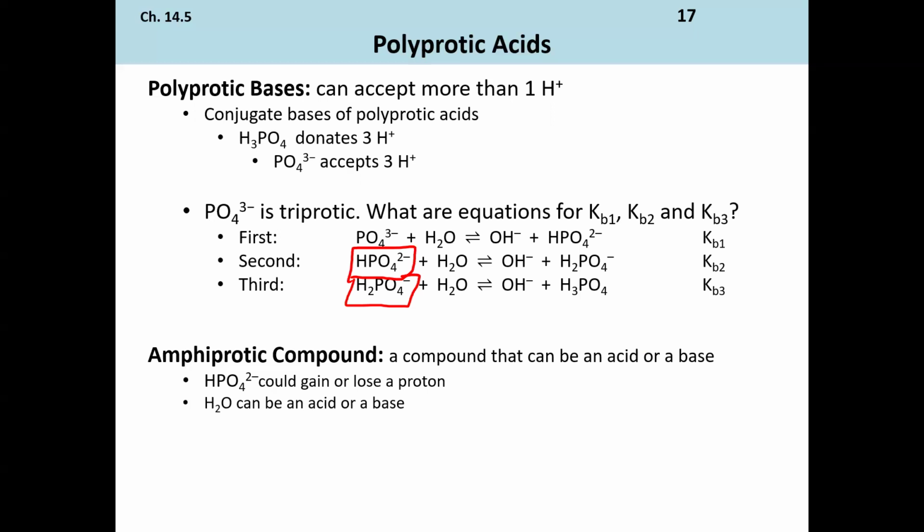Think of amphibians. I have a minor in biology, so I know a little bit. I remember amphibians could be on water or on land. So amphi meaning both, it can be both gaining or losing protons. Those are examples. Another example is water.